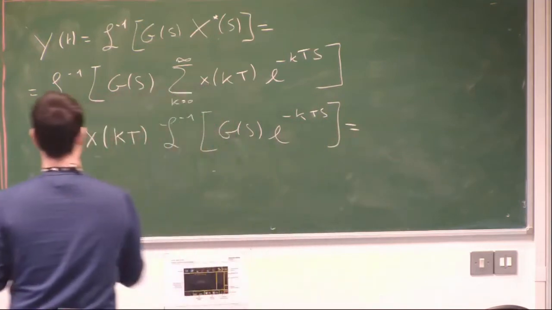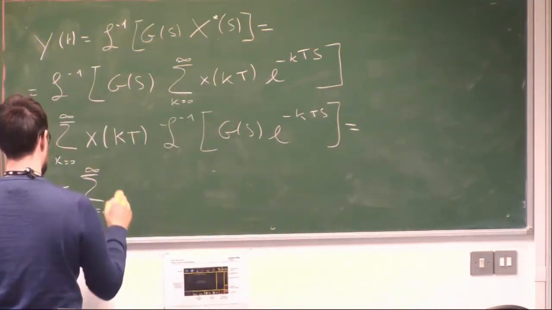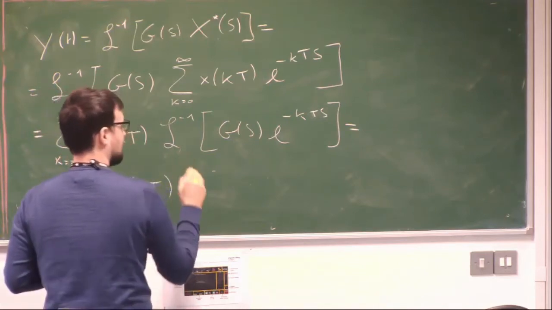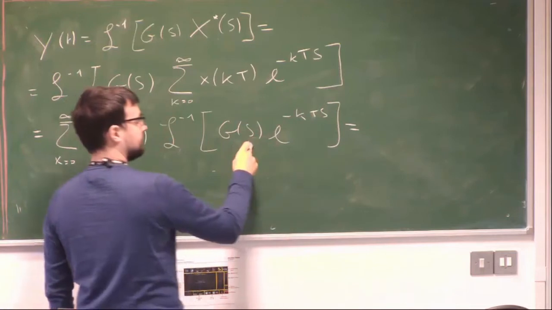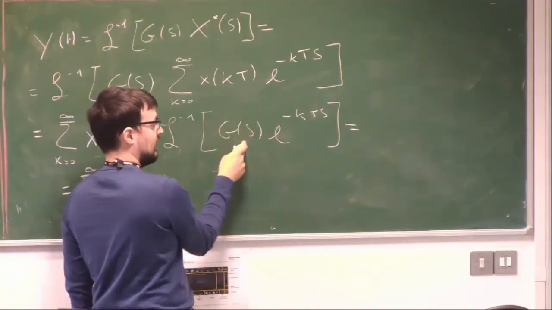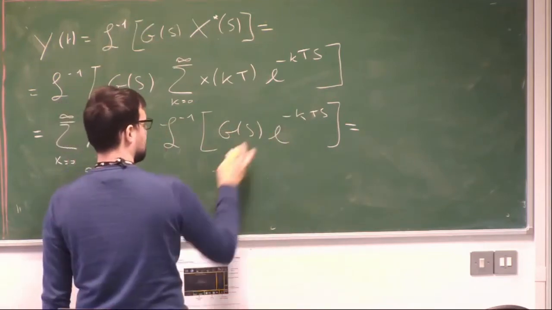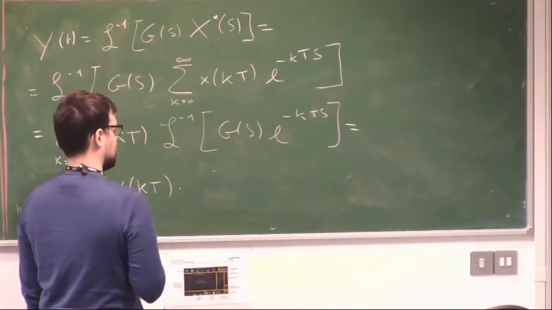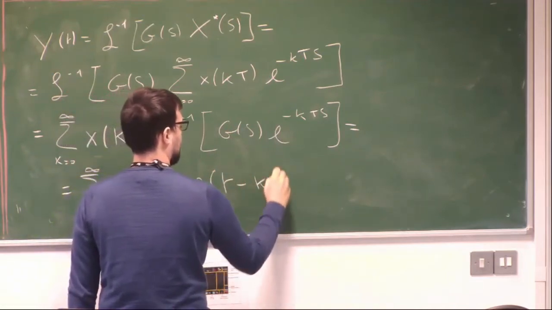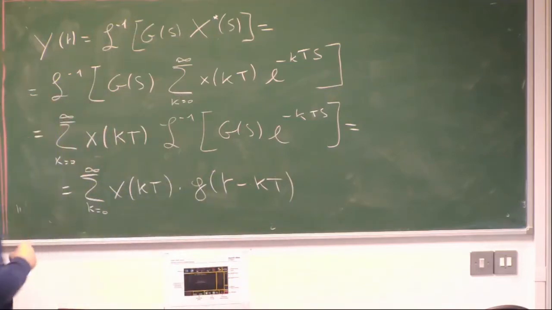So this is the sum with k from 0 to infinity of x(kT) times, and here we use the shifting theorem for the Laplace transform, so this becomes a delayed version of g of t, that is g of t minus kT. So this is the expression for y of t.